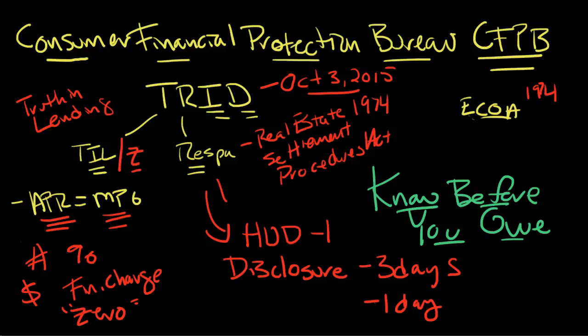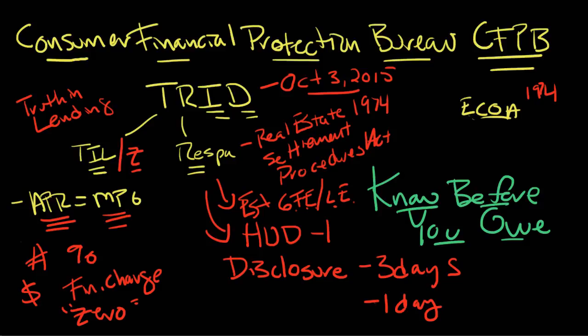One of the other important aspects of TRID is that they have to provide you with an estimate. It used to be called the good faith estimate. Now it's just called the loan estimate. I don't know if the vocabulary is that important to you, but basically they got to provide that to you within 3 business days of getting your application.